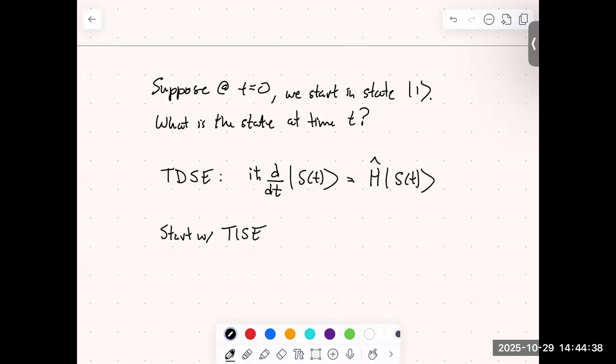Remember how we got to the time independent Schrodinger equation: we did a separation of variables so that we could get a differential equation just in terms of position. And then we got a different one for time, which actually turned out to be easy to solve. It was e to the minus i E t over h bar.